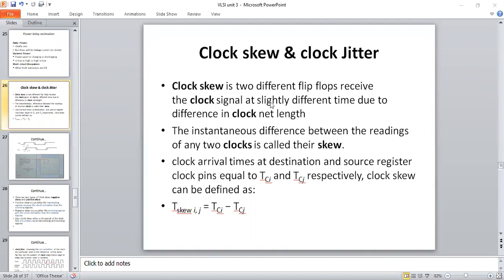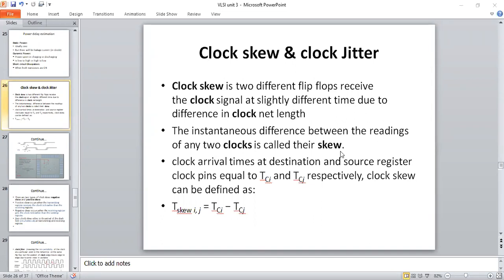Suppose you take two flip-flops, and whenever you pass the clock, it appears at the two flip-flops at different times, and this difference is called skew. Skew can be defined as the instantaneous difference between the readings of any two clocks.